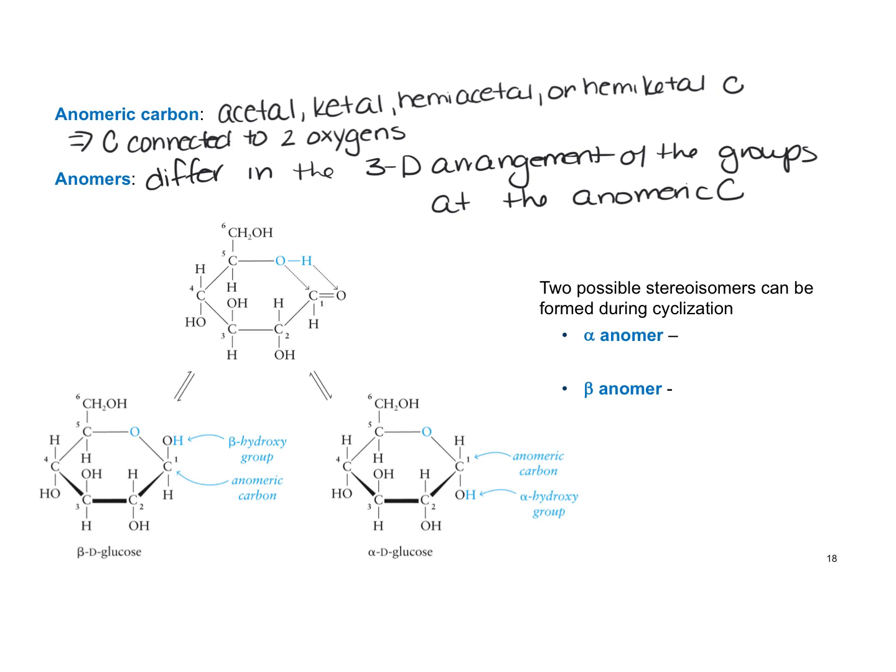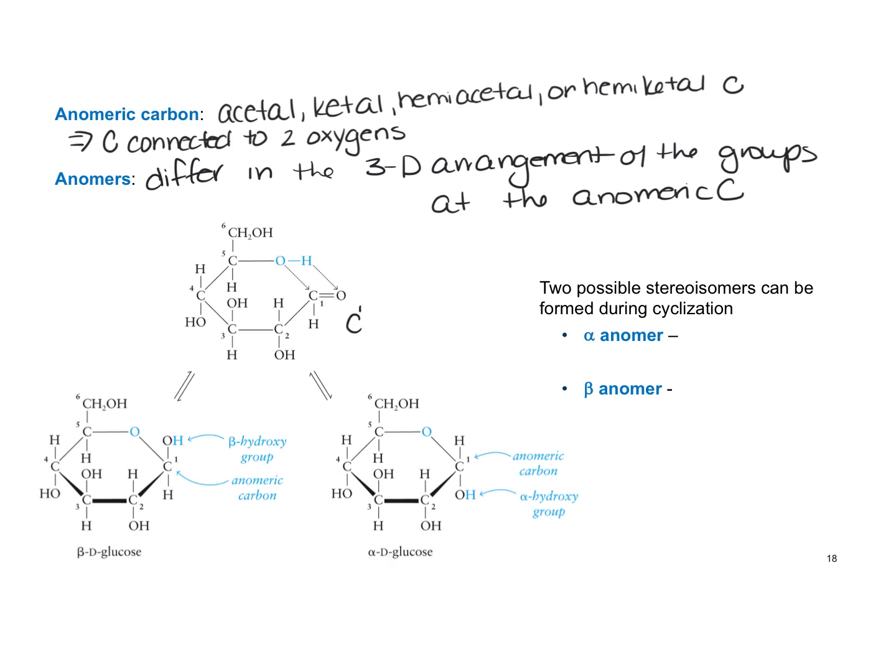So you identify the anomeric carbon, and then if the OH is up, that's a beta hydroxy group, and we name that as beta D-glucose. And then if the OH is down, that's an alpha hydroxy group, and we name that as alpha D-glucose.